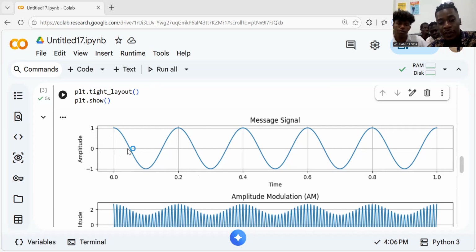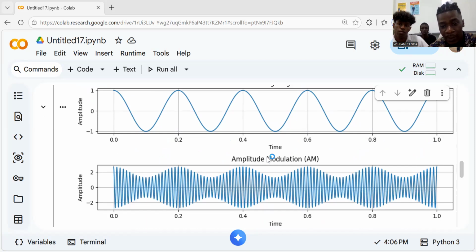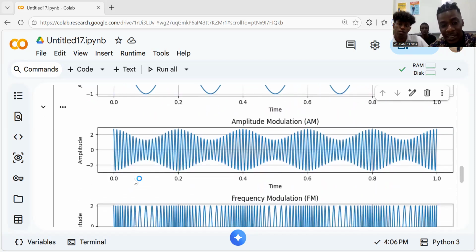So it's moving, the rate is changing, but maintained in the same level. That's what happens with amplitude. For AM modulation, you can see the frequency is still constant, but the amplitude is not constant, it varies.